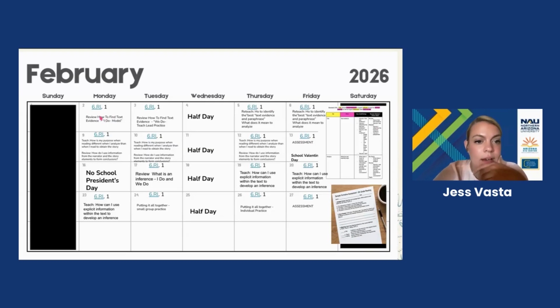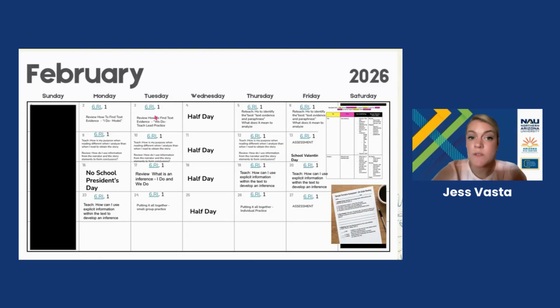So here, I'm going to review how to find text evidence, which I've already indicated here. The very first step in citing textual evidence is being able to identify text evidence. And when I thought about my class, I identified that as a review. And to me, a review only takes a half a day of instruction.